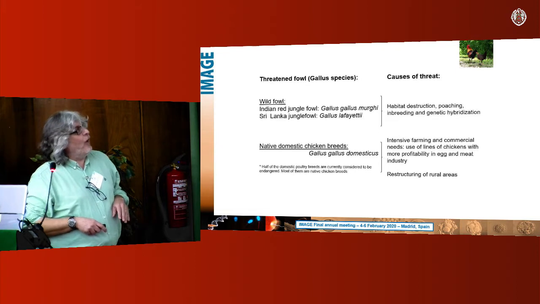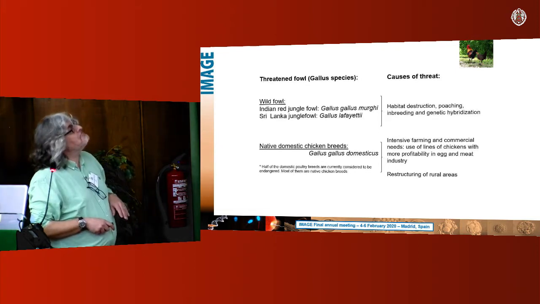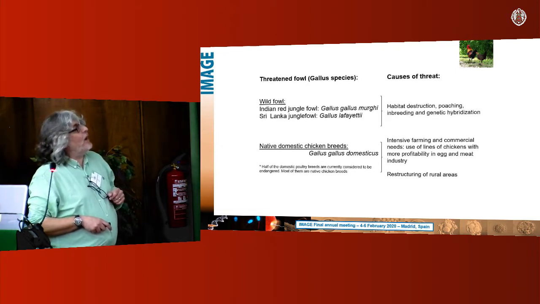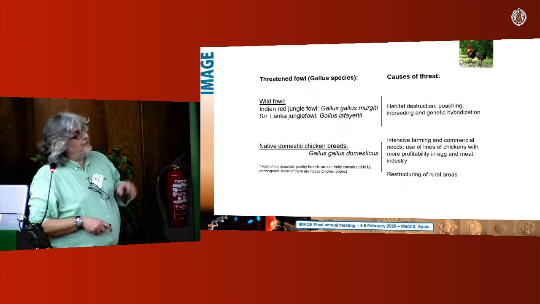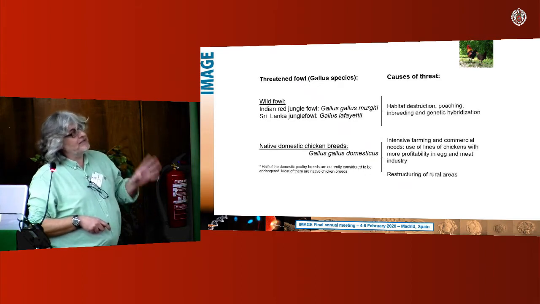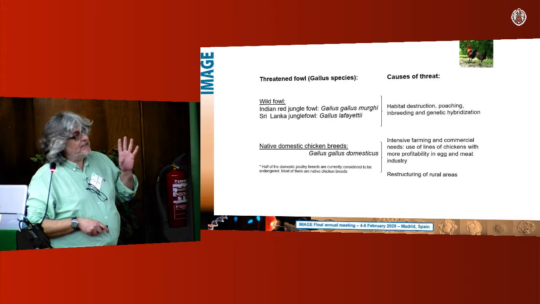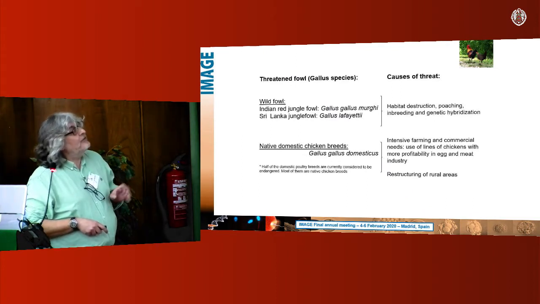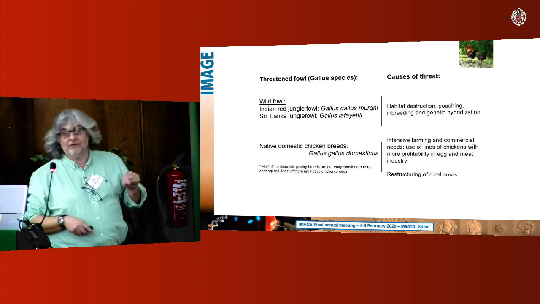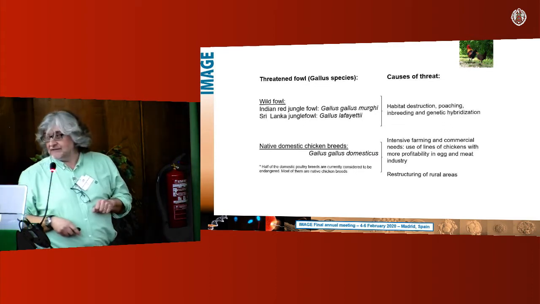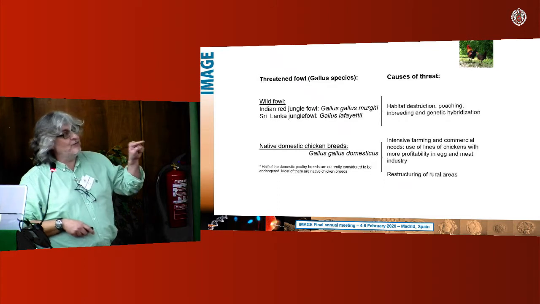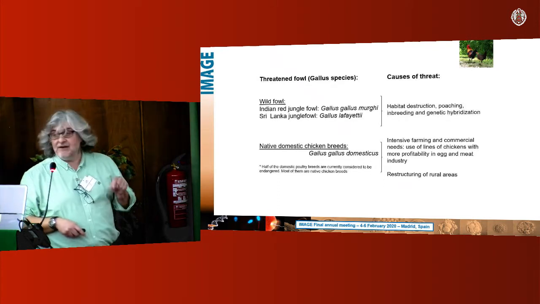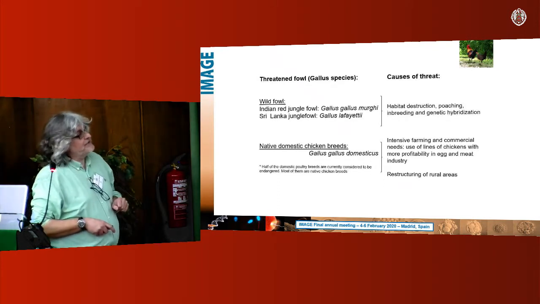Regarding the fowl, the Gallus species, for example the wild fowl, the Indian red jungle fowl or the Sri Lanka jungle fowl, the first causes of threat are habitat destruction, poaching, inbreeding, and genetic hybridization. Half of the domestic poultry breeds are currently considered to be endangered, and most of them, the Gallus gallus domesticus, are native chicken breeds.